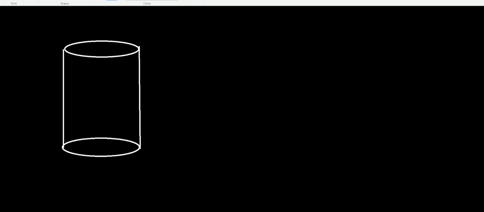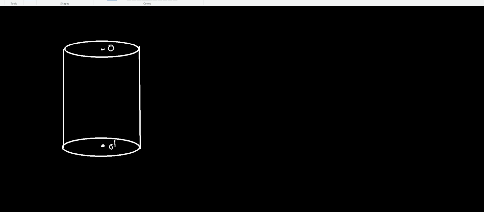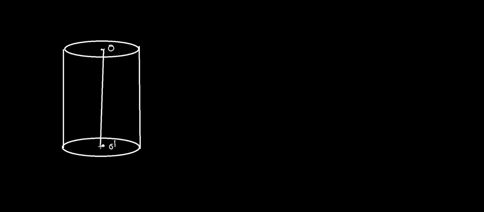So let's say this is a cylinder with O as the center of the upper circle, O dash as the center of the lower circle, and the line joining the two is the axis. Now, what is the base? These circular parts, the upper and the lower, are called bases.